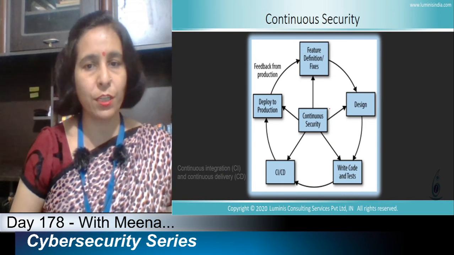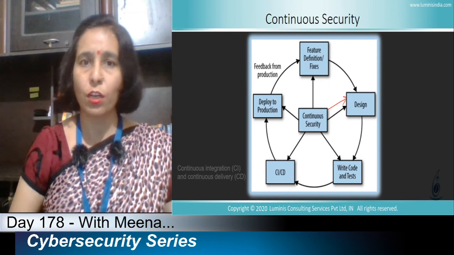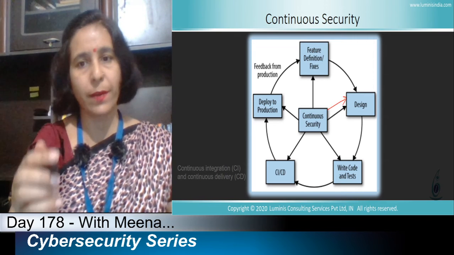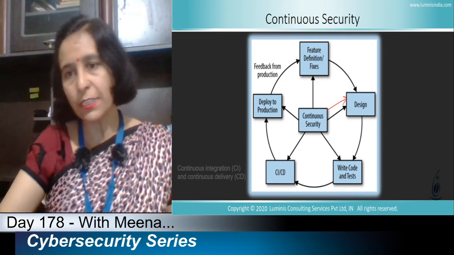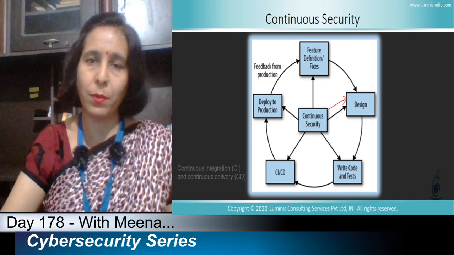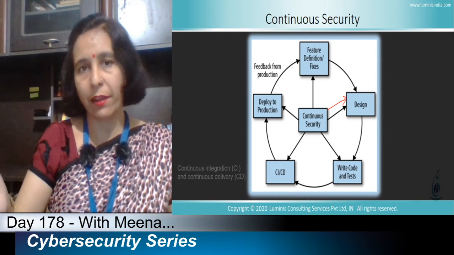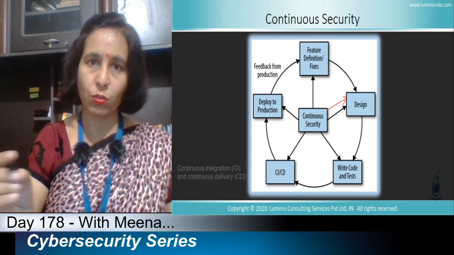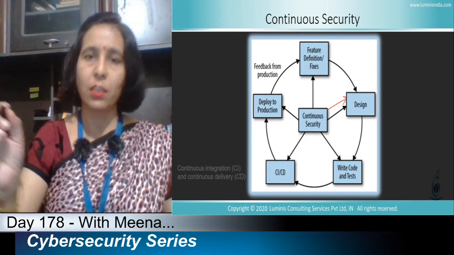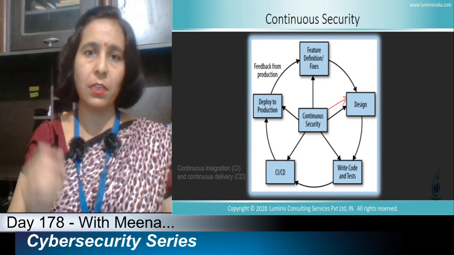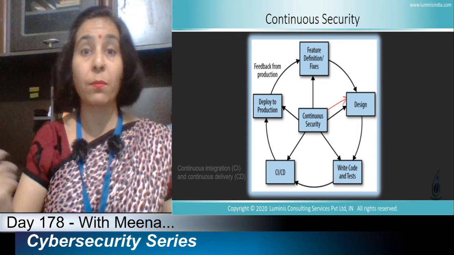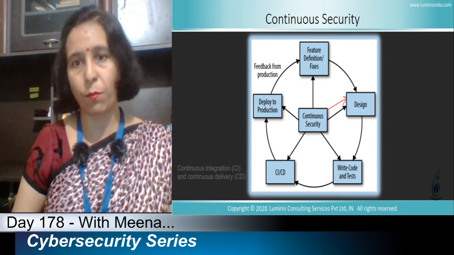At the time of design, we follow best practices: what things we need to include, what kind of vulnerabilities exist nowadays, how hackers are performing attacks on certain kinds of code, what the weaknesses in the languages are, and what better practices we can follow in any design.